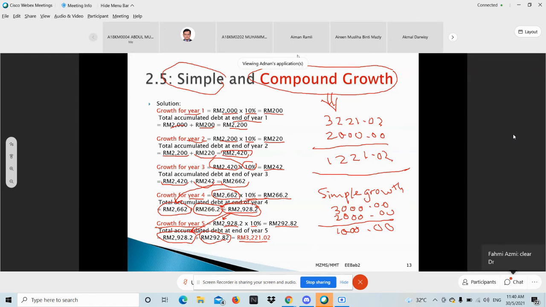Okay, let me ask Hakim Rafi'i. Okay, what is the difference between simple growth and compound growth, Hakim?